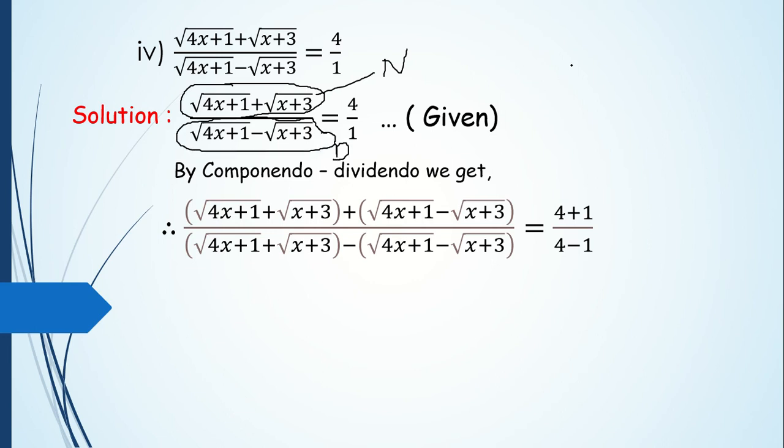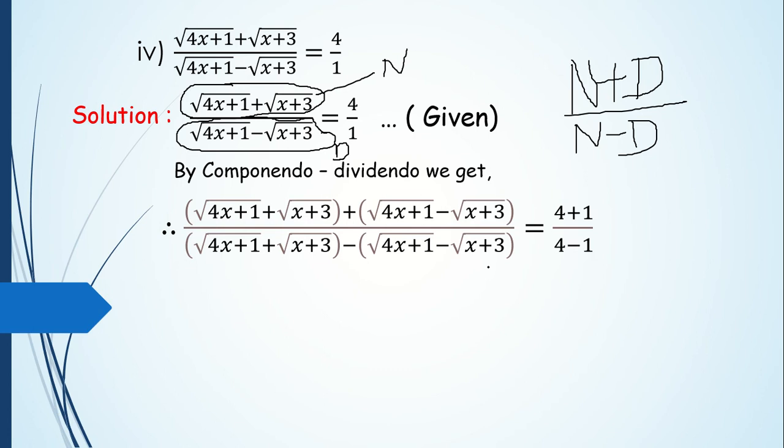And componendo dividendo is numerator plus denominator upon numerator minus denominator. So that's what we do. This is numerator plus, this is my denominator, minus with minus, and 4x plus 1 minus root, and numerator minus.